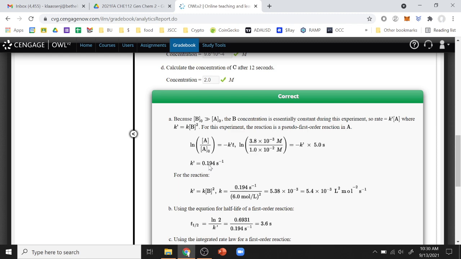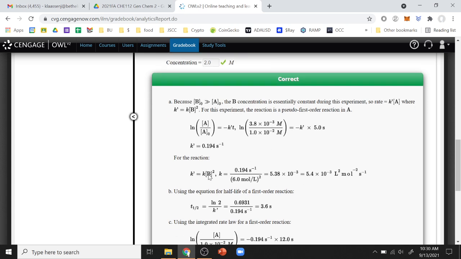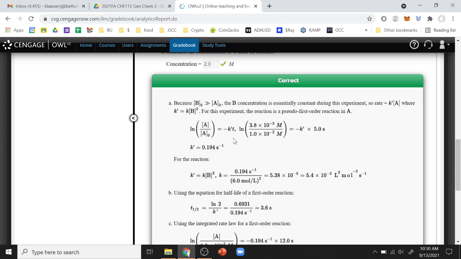Okay. Did I lose anybody? No. Right. Please do not feel fearful of saying, yeah, you lost me, because that's how you can benefit and get something out of this. Oh, yeah, 5 seconds, the time. Yeah, so if we just put it in here, it's K prime times 5.